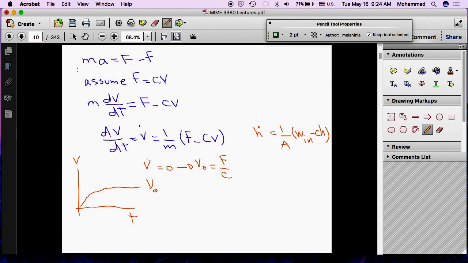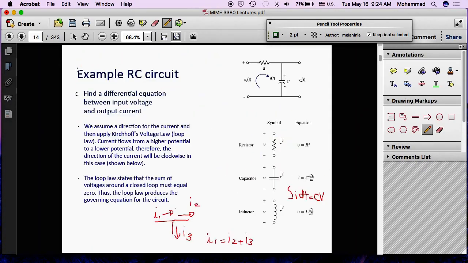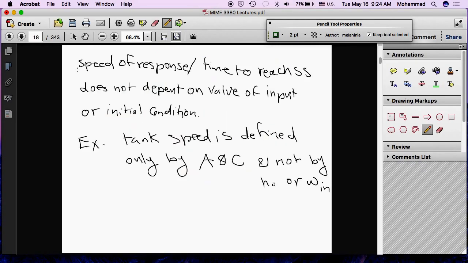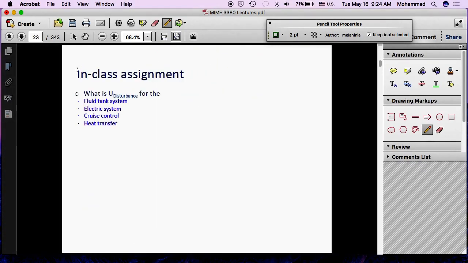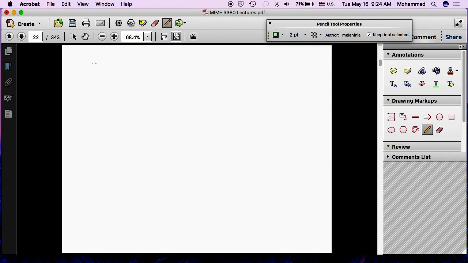The equation was dv over dt is 1 over m f minus cv. So for the car, the velocity over time was 1 over m f, which was the input, minus a constant times velocity.